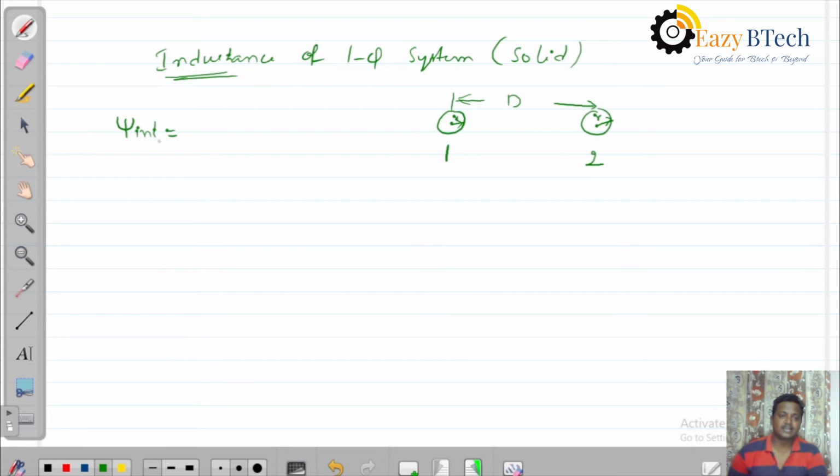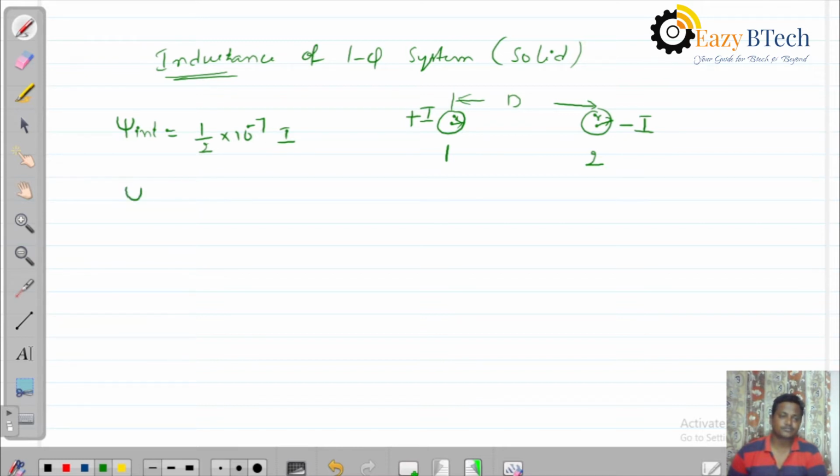That value is 1 by 2 into 10 power minus 7 into I, where I is the current flowing through the conductor. If it is the go conductor, we take it as plus I; if it is the return conductor, we take it as minus I.